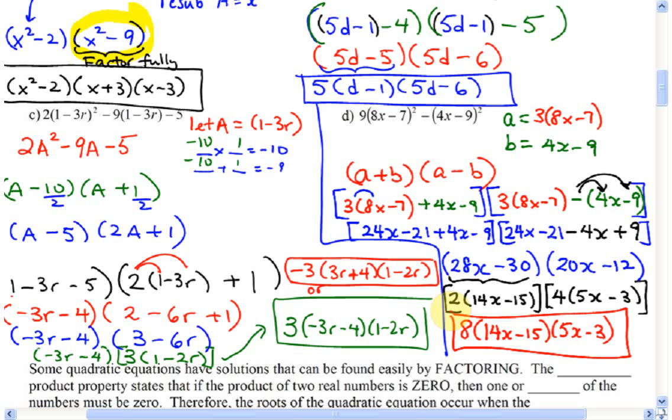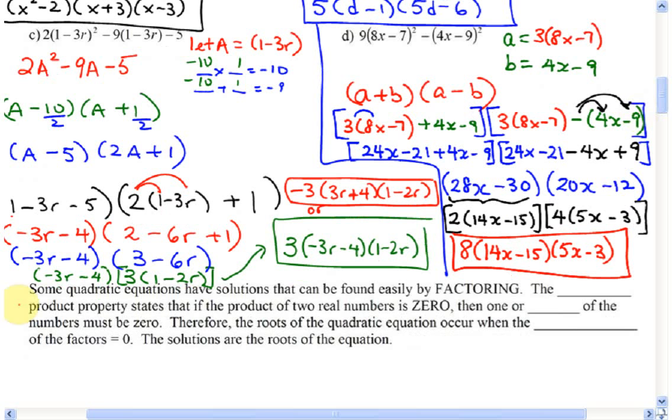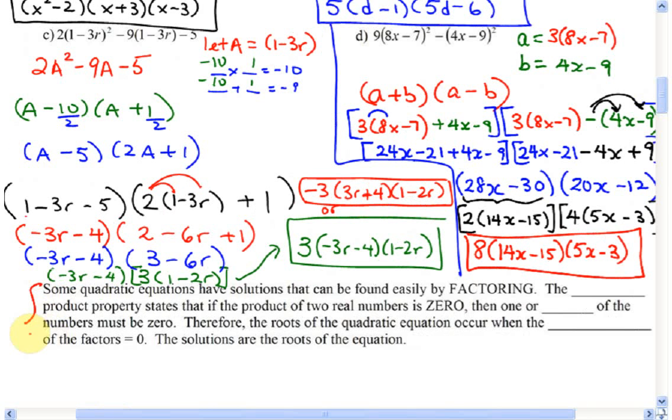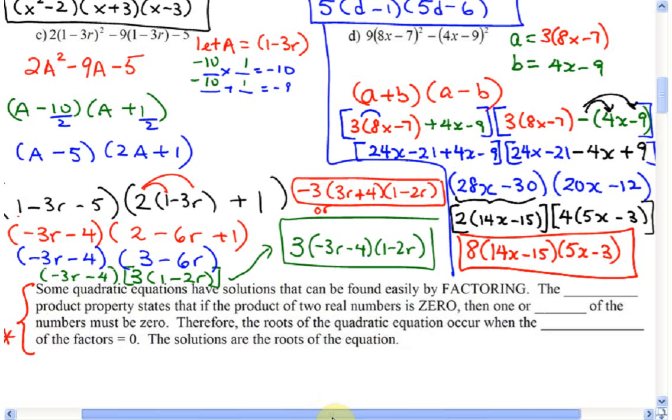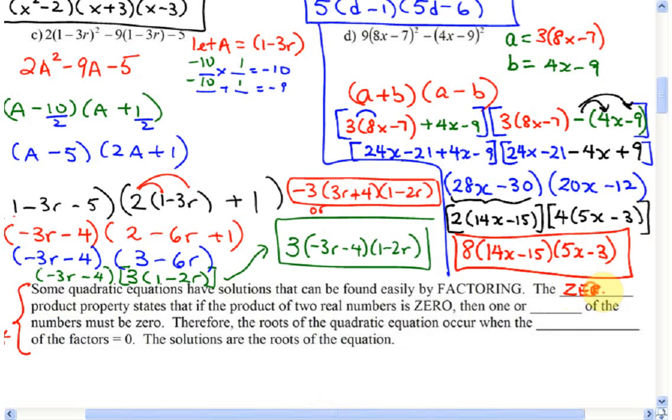I have a little blurb that I want to talk to you about, and this is really the idea of section 4.2, okay? Now, some quadratic equations have solutions that can be found easily by factoring. That's what we're doing today, we're factoring. There is a property called the zero product property that states if the product of two real numbers is 0, meaning if I have two things multiplied together equals to 0, then one or both of those numbers must be 0.